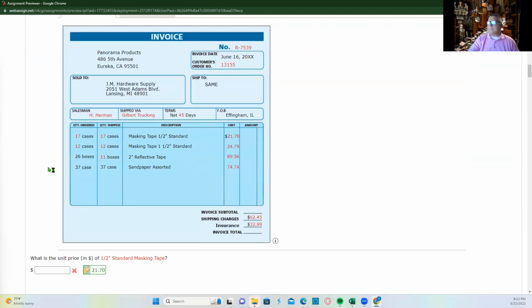What is the unit price for a 1/2-inch standard masking tape? Okay, 1/2-inch standard right here, 2170 a unit. Do look these over and know how to read them, because it does help.